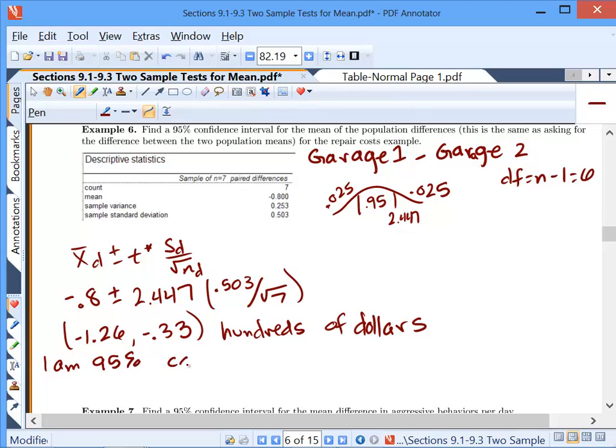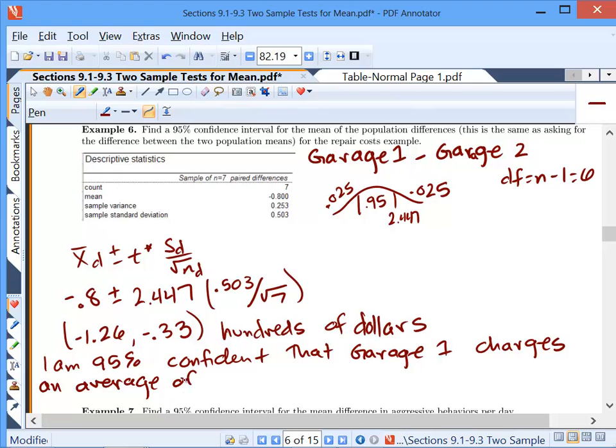I am 95% confident that garage 1 charges an average between, let's see, negative 1, or well, we don't need to put in the negative, we can just say it charges between $126 and $33 less than garage 2 on all cars.